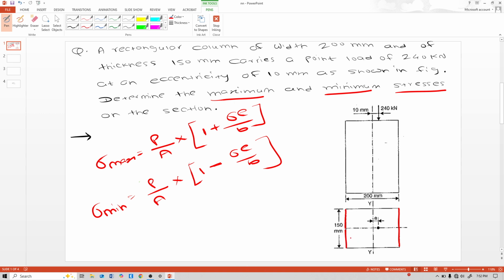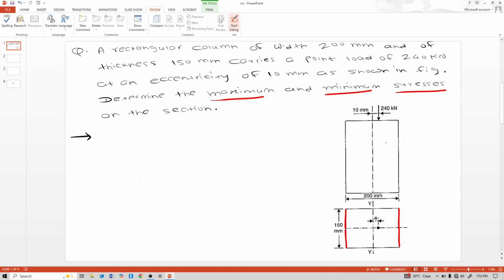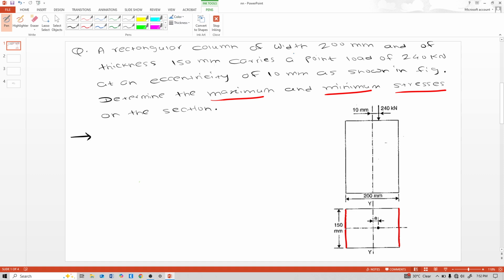I will tell you this, no need to bother about it. So first write our data, that means the given quantities. See the given quantities: this 200 mm width, this 150 mm thickness, this point load 240 kN, and this eccentricity 10 mm.